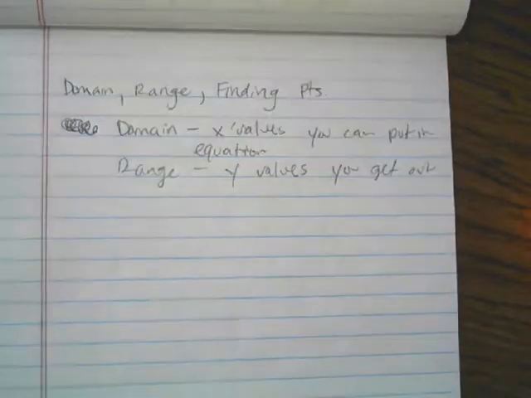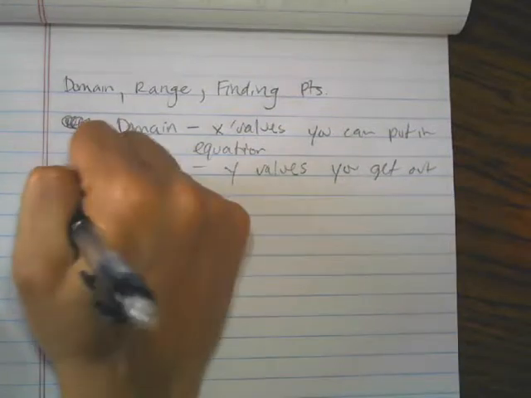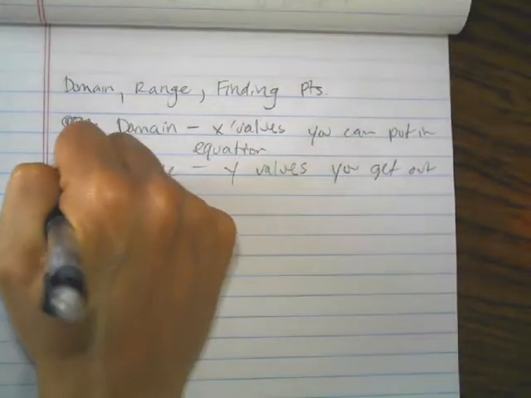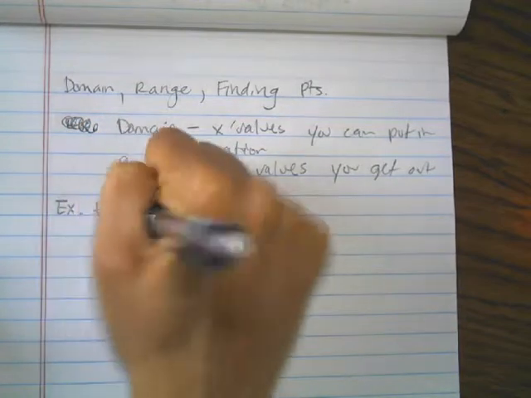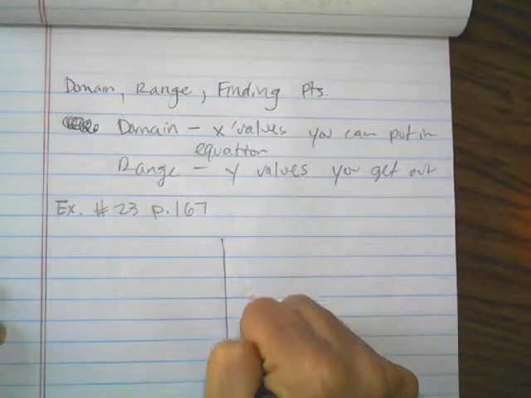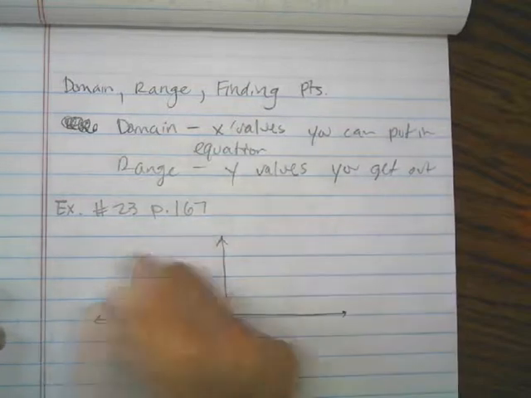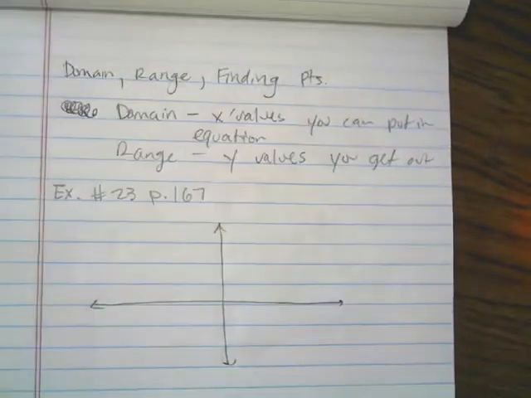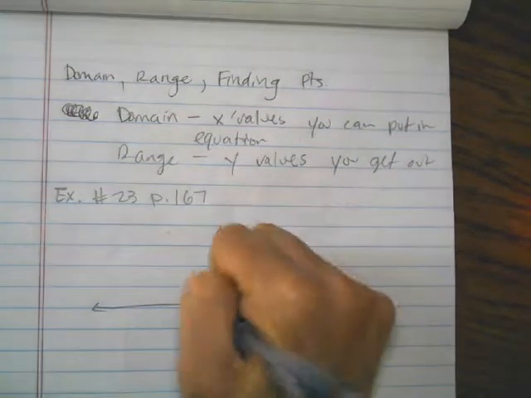So with that in mind, let's say we look at a problem. It's like example 23 in your book, number 23 on page 167. So it gives you a graph and it asks you to do a few different things from the graph.